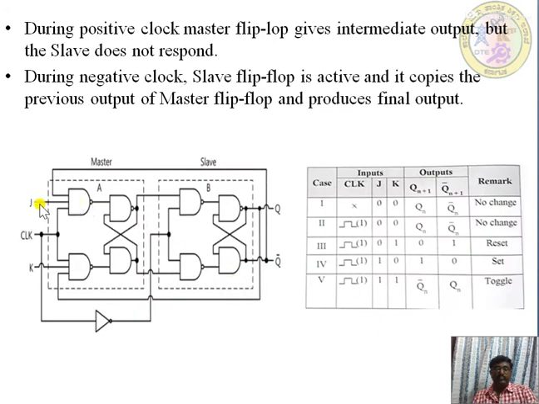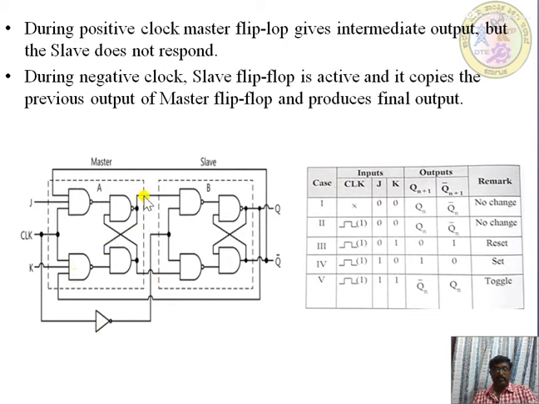See, when J is equal to 0 and K is equal to 1, during the positive clock, what is happening at this time? Only the first master JK flip-flop will be working. So at that time, when J is equal to 0 and K is equal to 1, obviously Q is equal to what here? The intermediate state output Q is equal to 0 and Q bar will be 1. And during the negative cycle, what will happen?